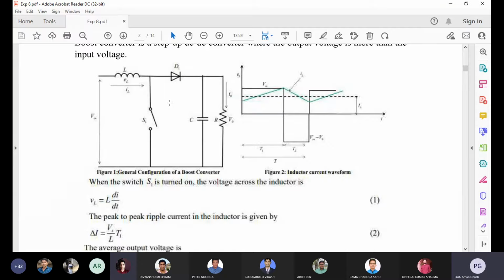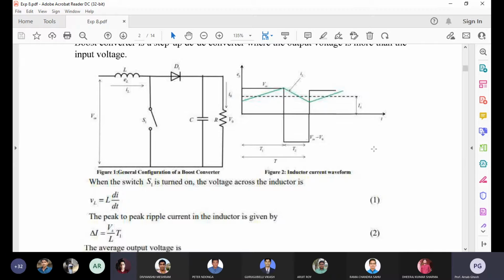When the switch is off, what voltage will appear across your inductor? Sorry, your input voltage minus output voltage equals your VL. Now you know that for a boost converter, the output voltage is always higher than the input voltage, so negative voltage comes across your inductor.